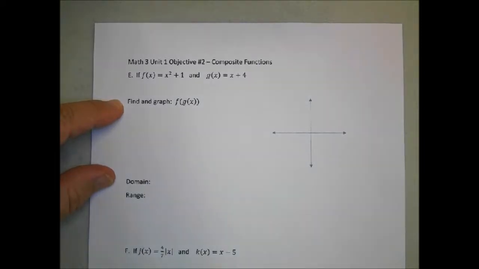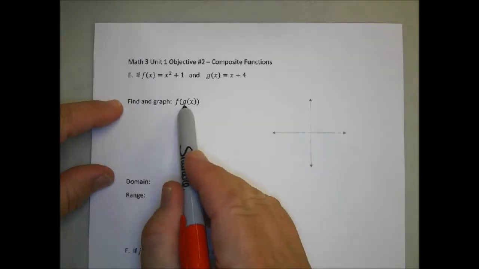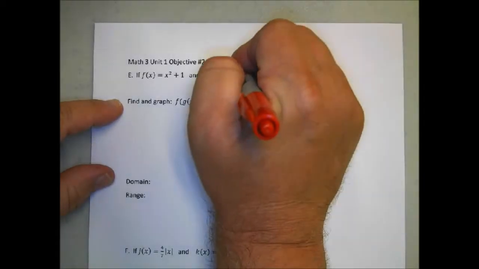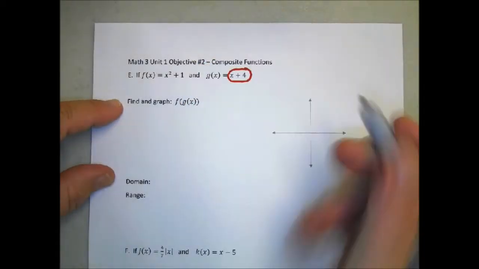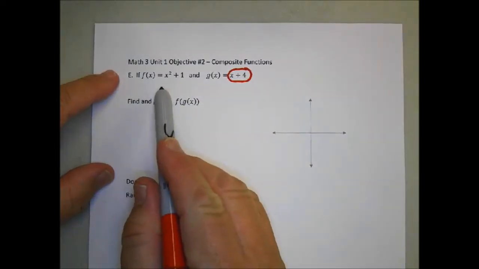The way you read this, you read from the inside out. So what this is saying is take the entire g of x function, which is the x plus 4, and plug it into the f function.